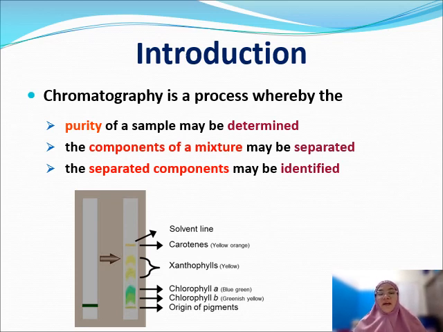Then we will look at the different pigment colors on the chromatography paper. So as you can see here, okay, there are different colors, ada green, blue-green, yellow, orange, and each color refers to different components. Okay, so this again, the chromatography technique is about separating the components from the extract yang kita dah prepare.